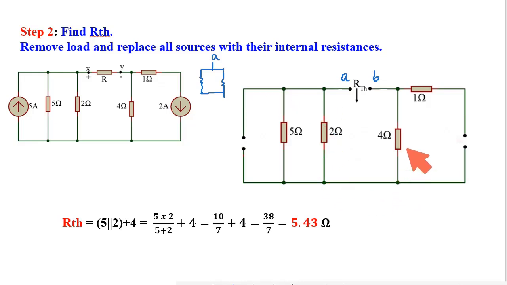From this point another resistance is 4. So this is 4, this is 5, this is 2, and ultimately this is point B. So it is clear that 5 and 2 are in parallel and 4 is in series with that. Ultimately I got 5.43 ohm as RTH.